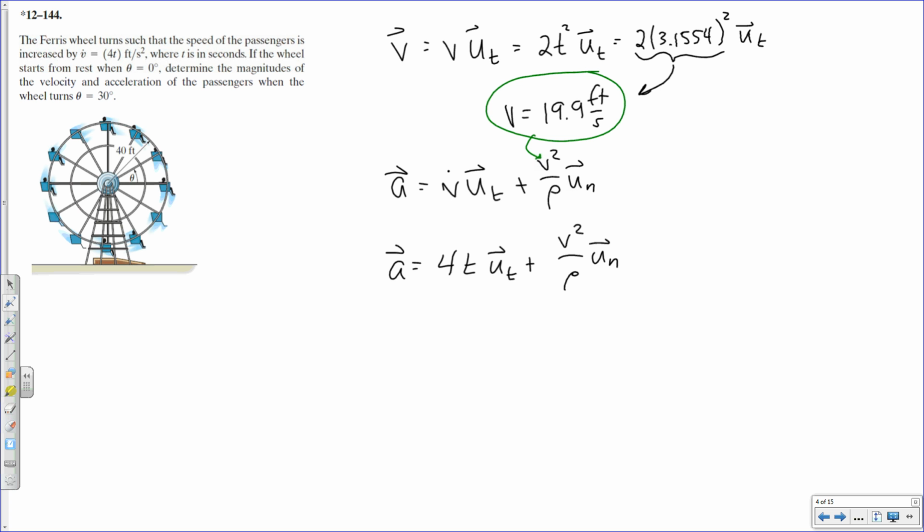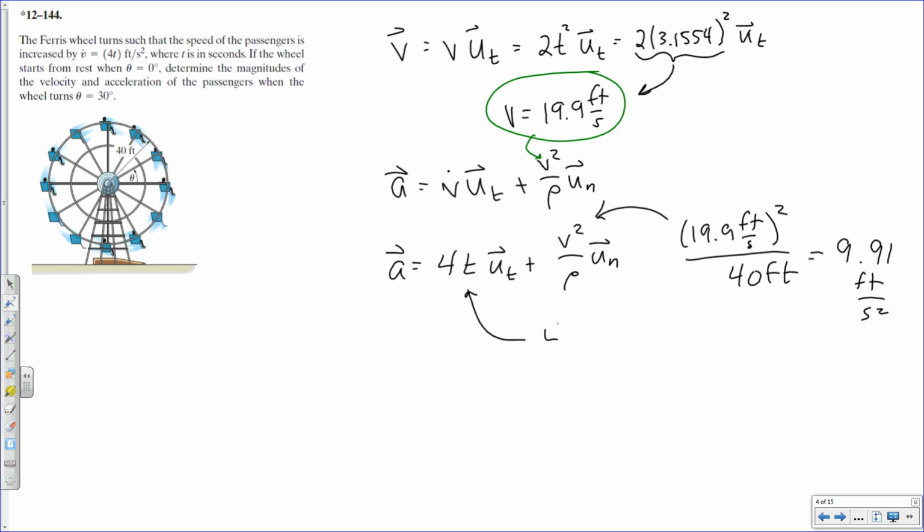If we plug in 19.9 for v and 40 feet for rho, 19.9 feet per second, squared, over 40 feet, we can solve for the second component, the one in the normal direction. This turns out to be 9.91 feet per second squared. Looking at the units, in the numerator we had feet squared per second squared, in the denominator we had feet, so that reduces to feet per second squared.